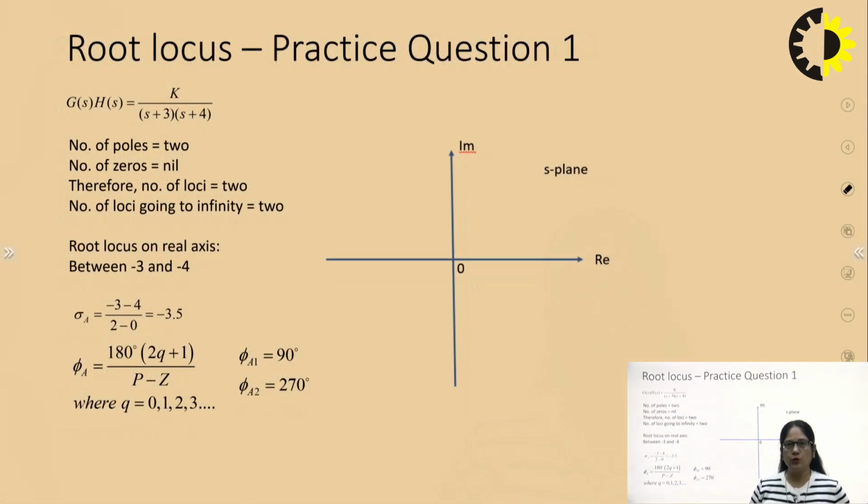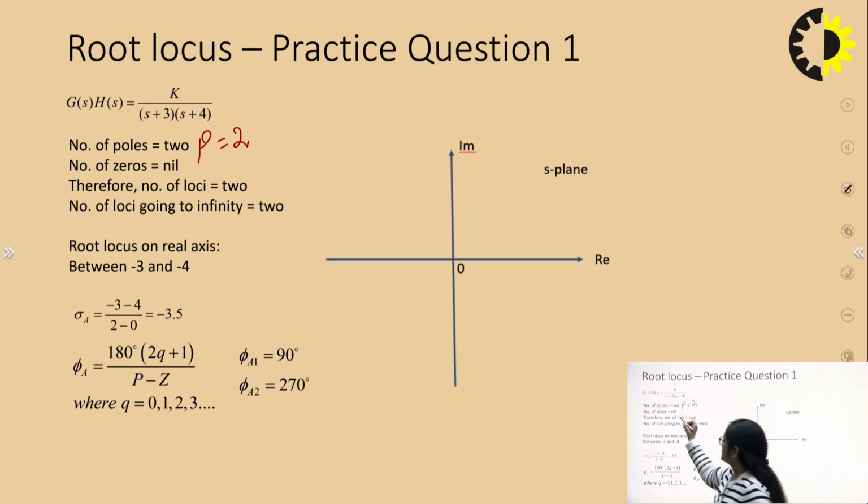The number of poles in this system is 2, so therefore P is equal to 2. And the number of zeros in the system is Z, which is nil, that is 0.